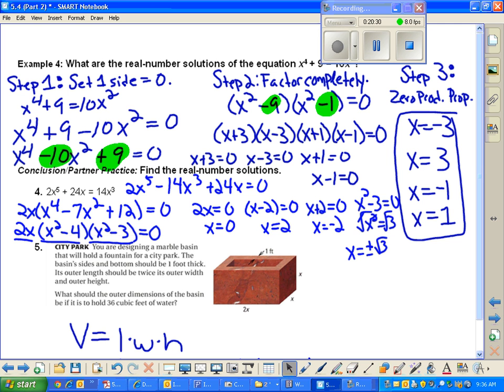Step 1, label your variable. So in this case, they use x. But what does x represent? Good, well, yeah, sure, the outer height. I think you could even say the outer width, right? So we're going to let x equal, you said outer height, right?